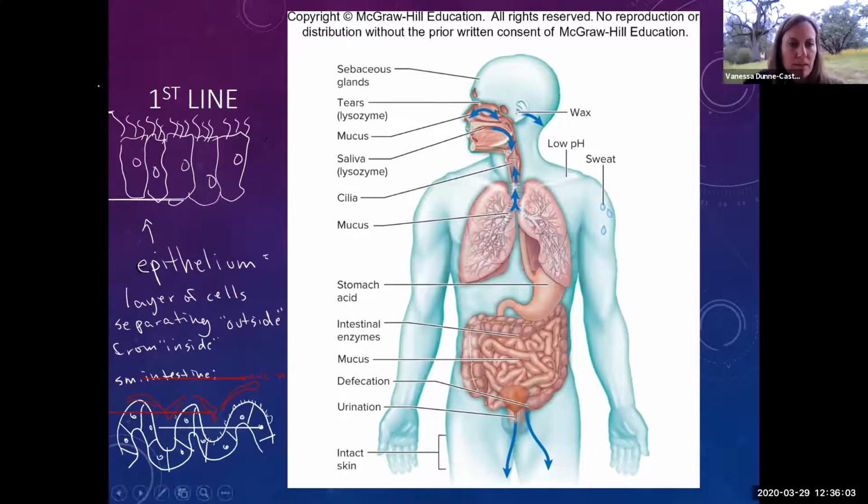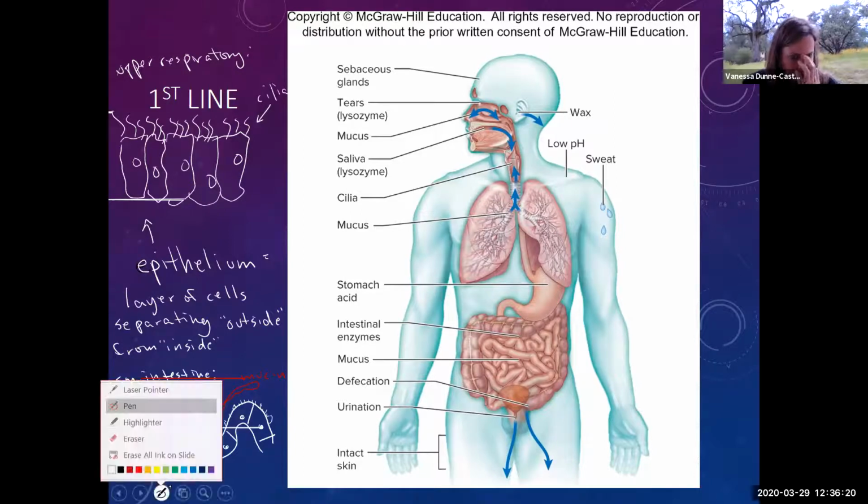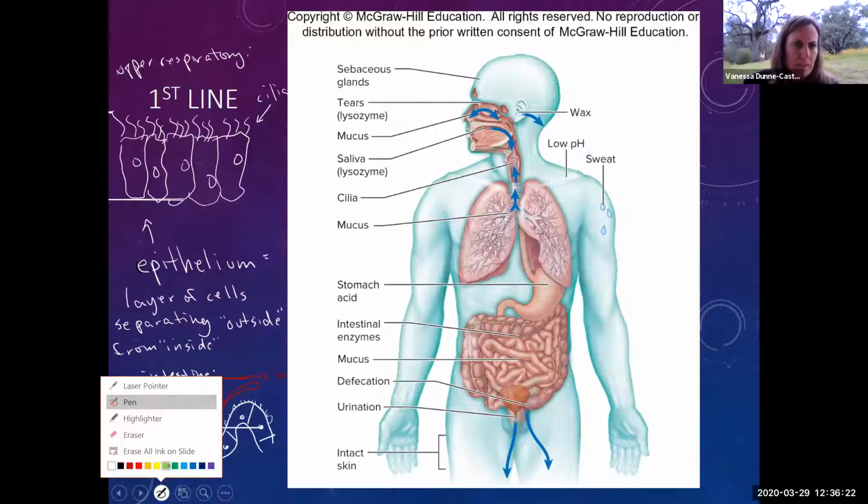So this is the upper respiratory tract, where these cilia are hair-like projections that move things, and they move things that get trapped in the mucus.